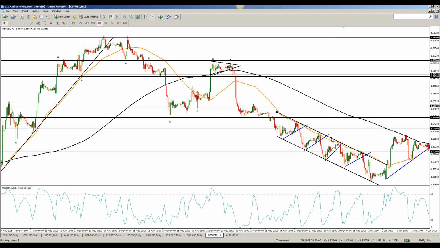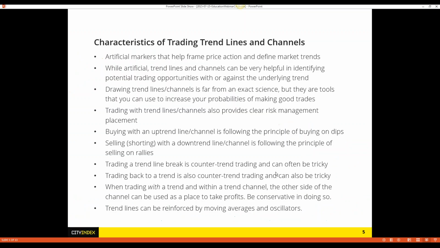Generally speaking, I'll try to connect the wicks, so the highs of these wicks, and that should frame the trend pretty well. Great question there. So yes, when trading with a trend and within a trend channel, you could use the other side of the channel to take profits, but be conservative in doing so.